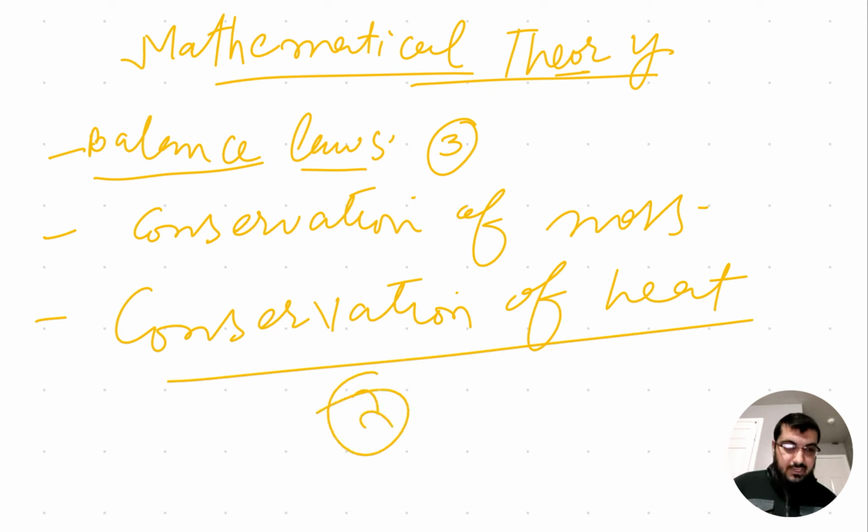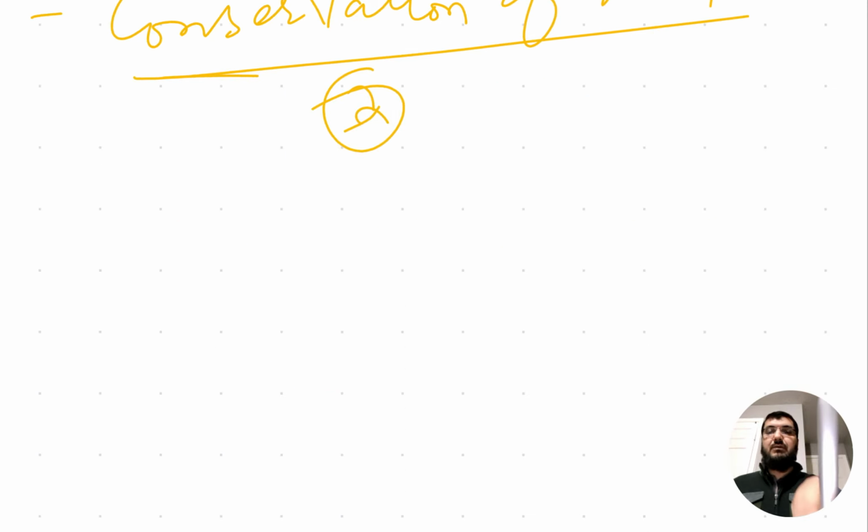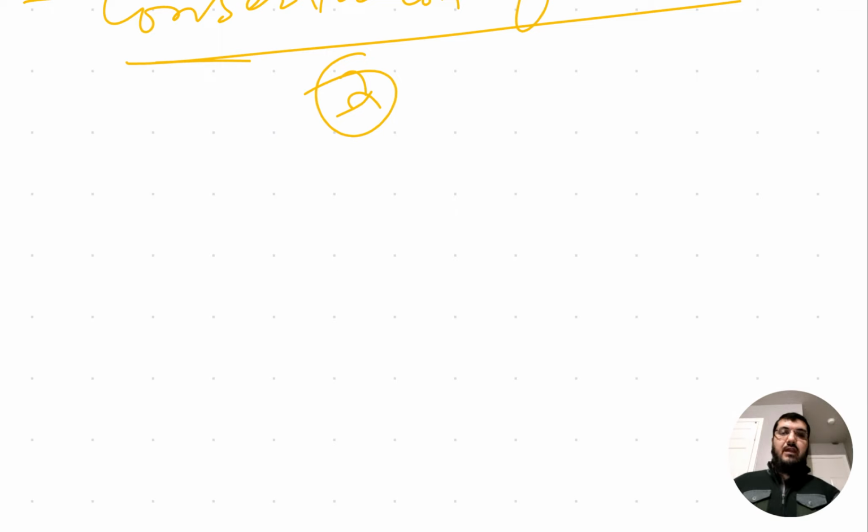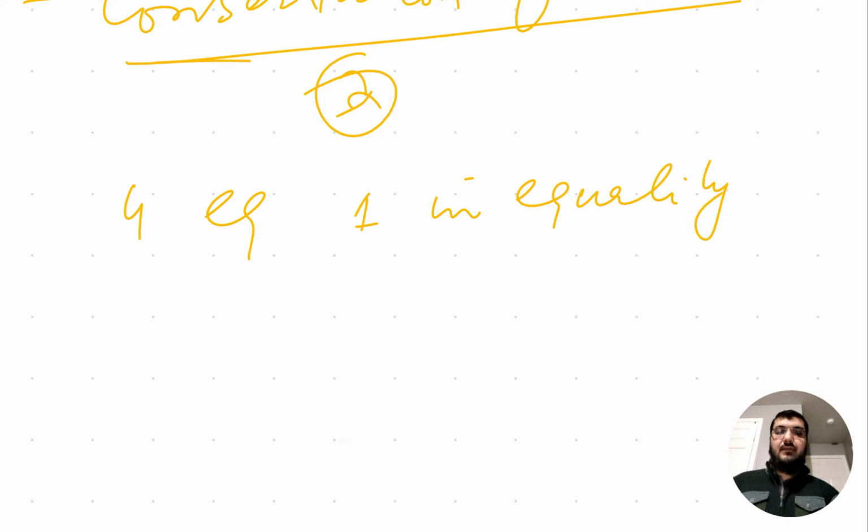I will explain it on a later basis. Two equations of conservation of heat, one equation of conservation of mass, so three equations of conservation of momentum. So you have total three. So you have four equations and one inequality. Okay, you have four equations and one inequality.